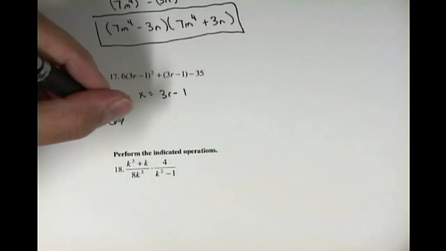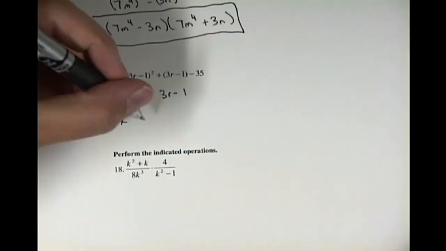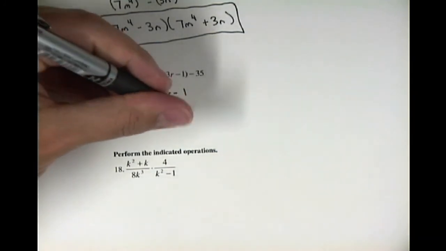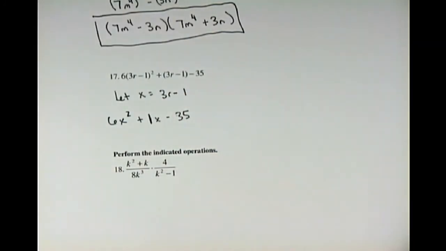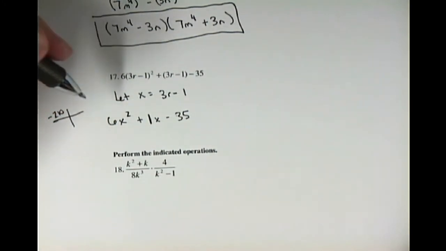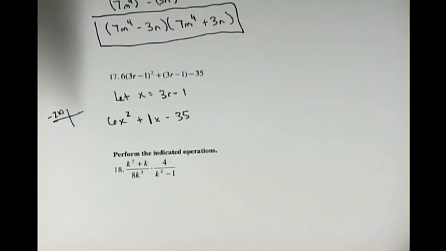If you do that, you have the trinomial 6x squared plus 1x minus 35, which is a lot more manageable. Okay, it's not the greatest, but it's a little bit better. You would want factors of negative 210, multiplying the first times the last, that add up to be the middle coefficient, which is just 1.